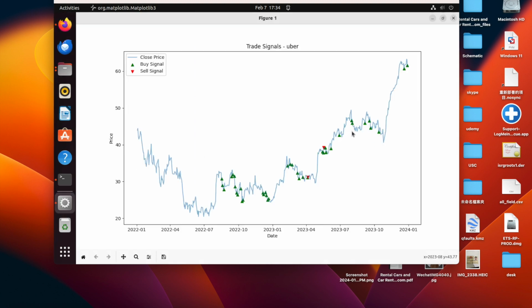Yeah. So we execute this script, and you can see the trade signals on this chart for the first stock, Uber. The green means the buy signal and red means the sell signal.